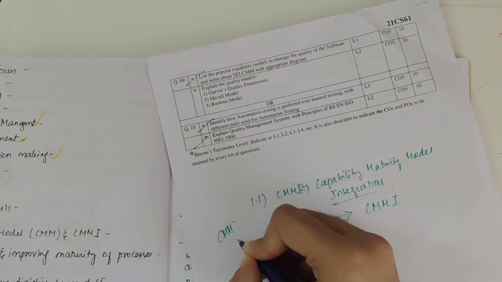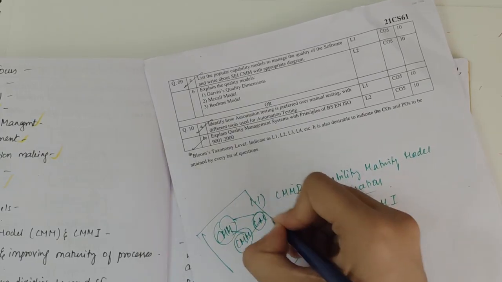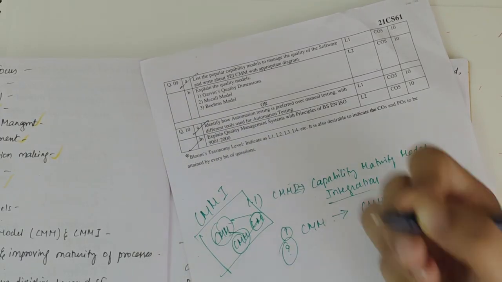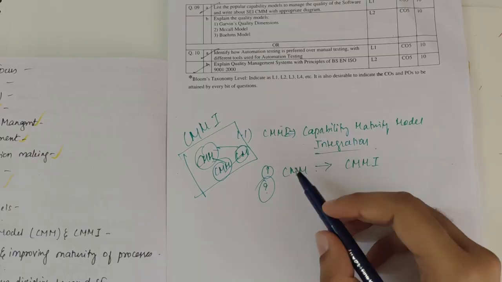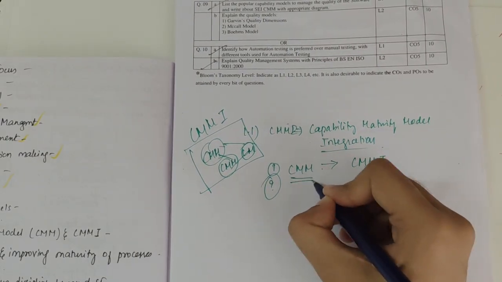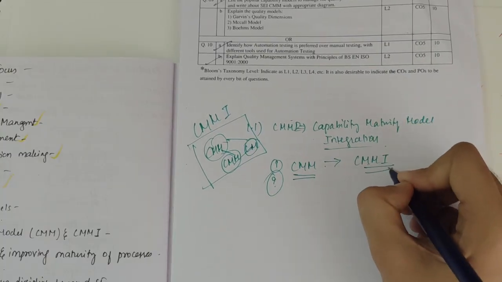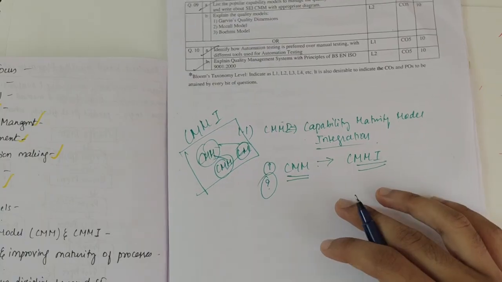All these could be integrated into one. So that's how CMMI came into existence. Looking at the advantages and disadvantages, in CMM there are separate models for separate domains. But in CMMI, it is an integrated model applicable for multiple domains or multiple disciplines.